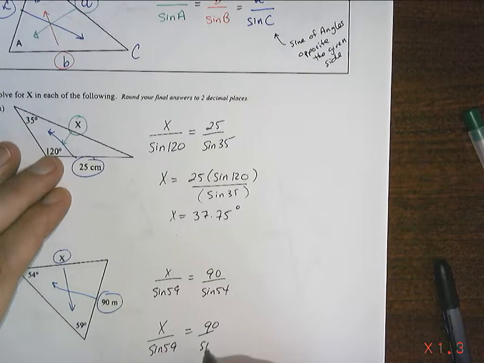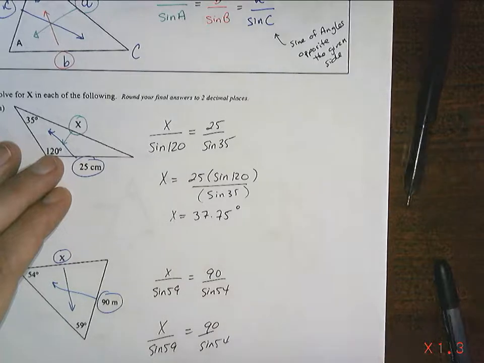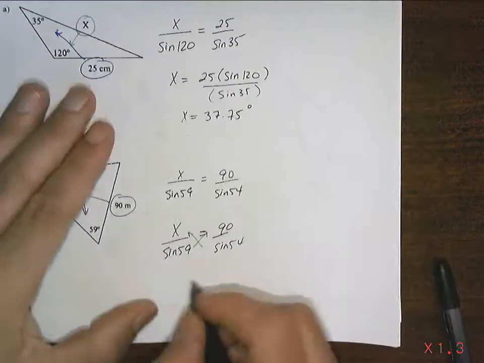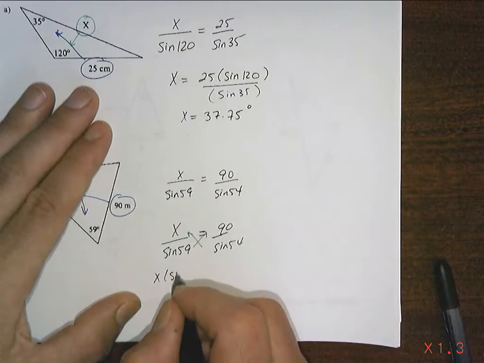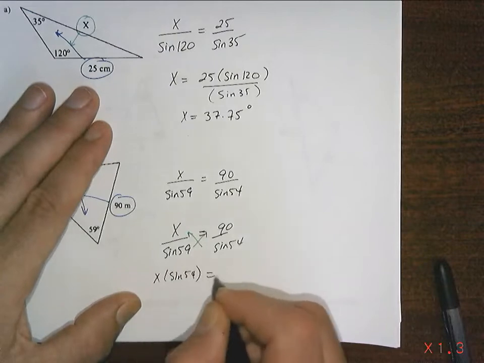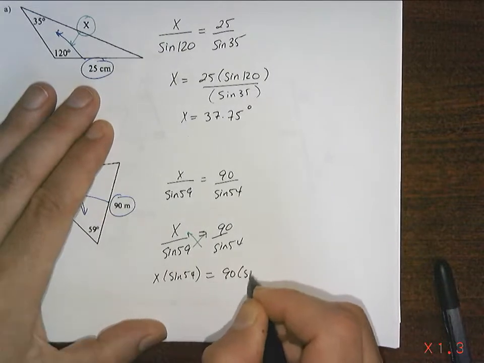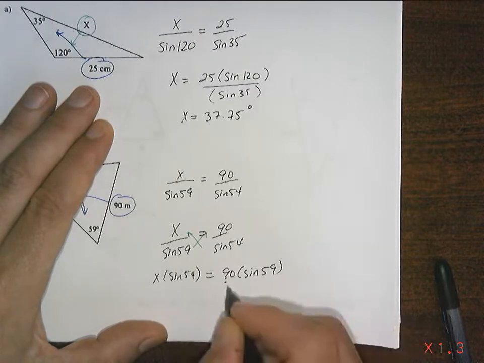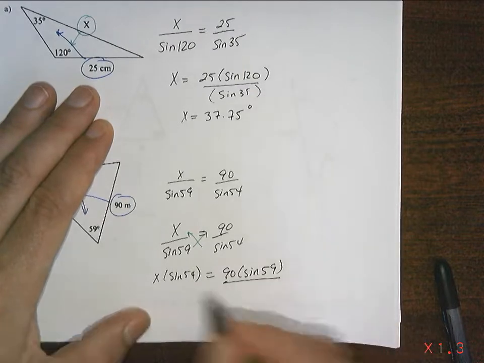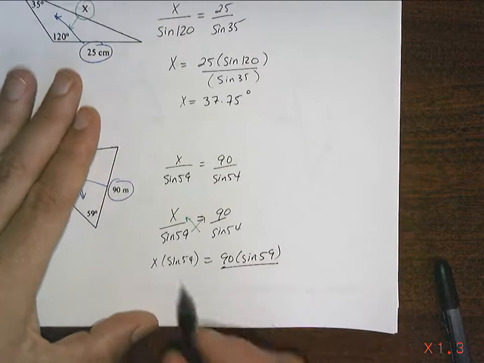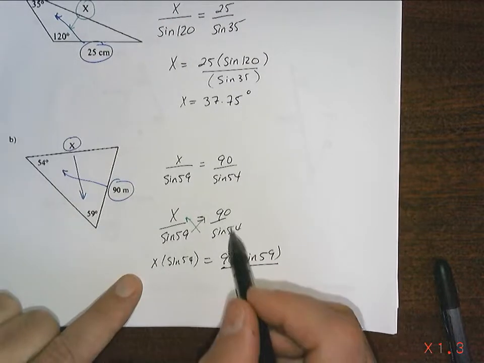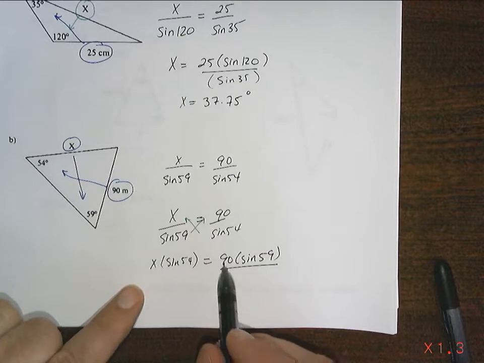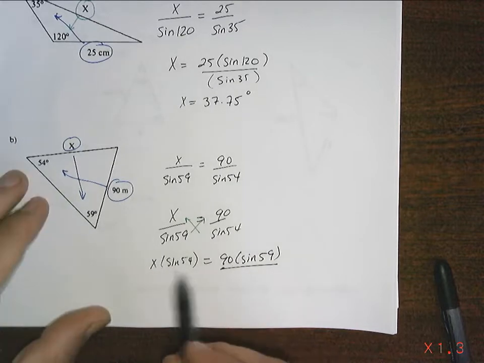90 over sine of 54. So let's look at the cross multiplying. So we're going to cross multiply both sides. That's going to give you x sine 54 equals 90 sine 59. I've just cross multiplied. Okay, so this came over here and multiplied there. This came over here and multiplied there. I've got x sine 54, 90 sine 59. I need to get rid of this sine 54.